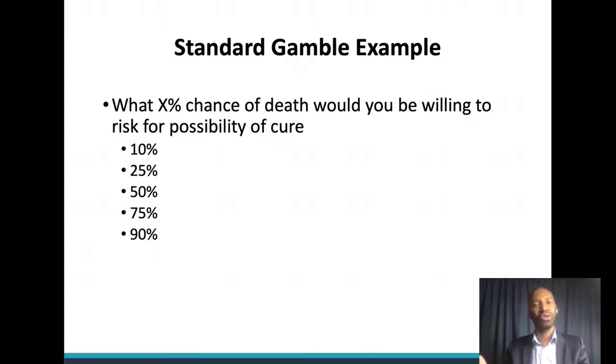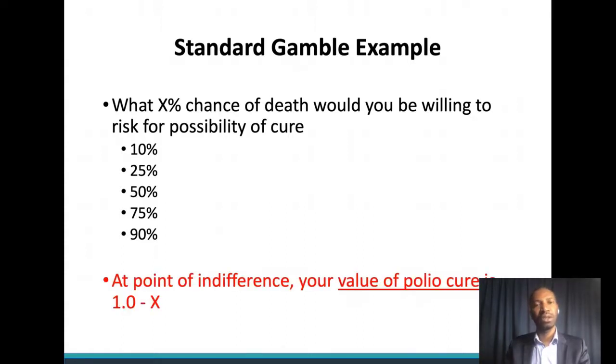That's really what we're trying to quantify. It could be 10%, 25%, 50%, 75%, 90%. At the point of indifference, your value of polio cure is going to be 1 minus the X.